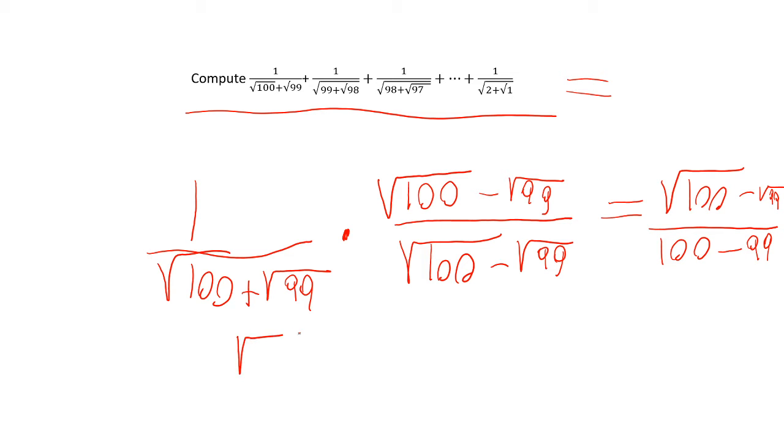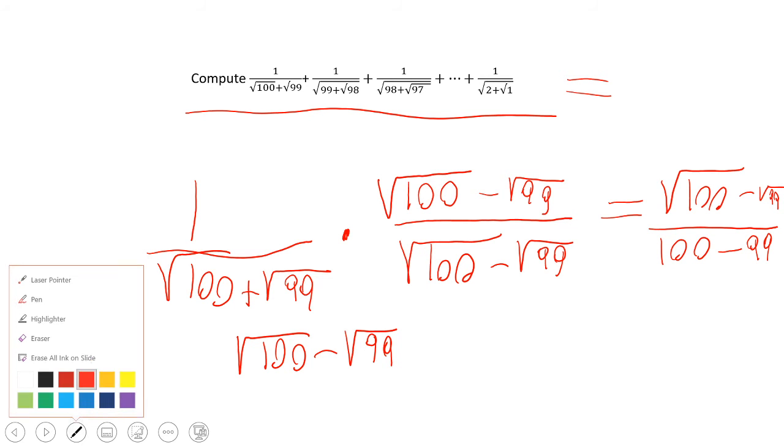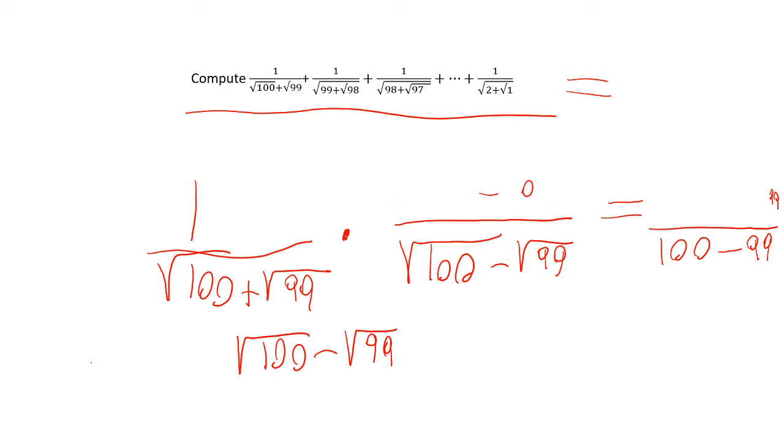So that means we have square root of 100 minus the square root of 99. So we've rationalized the first denominator.